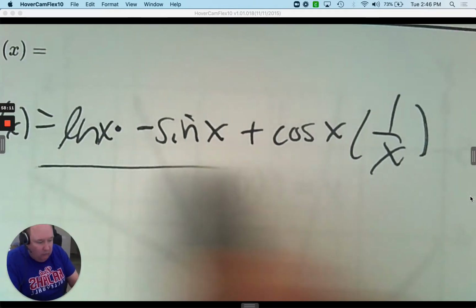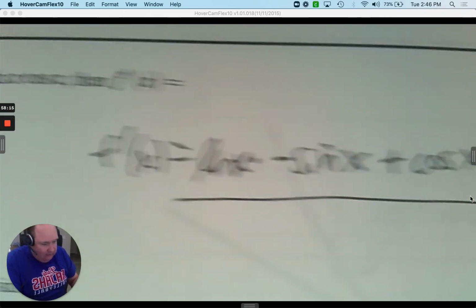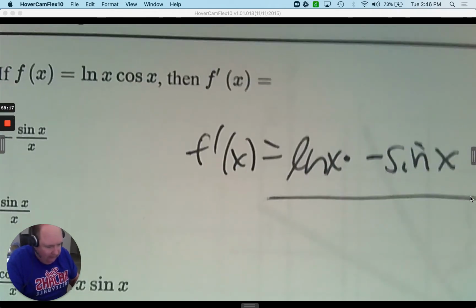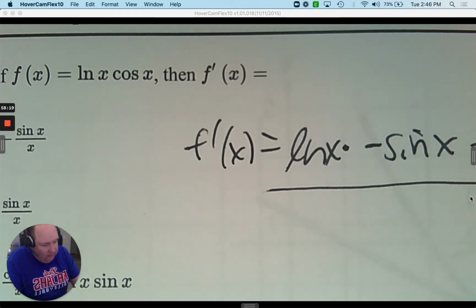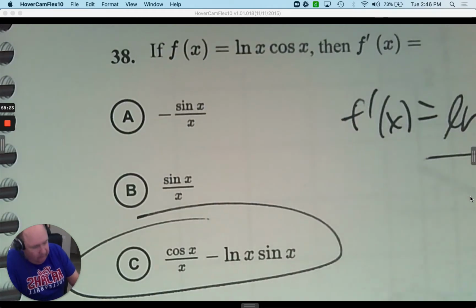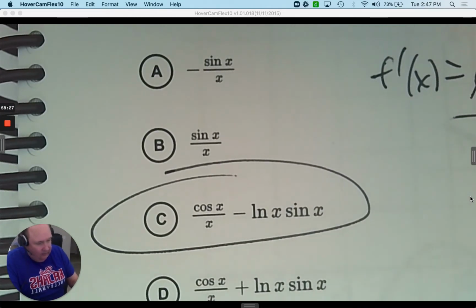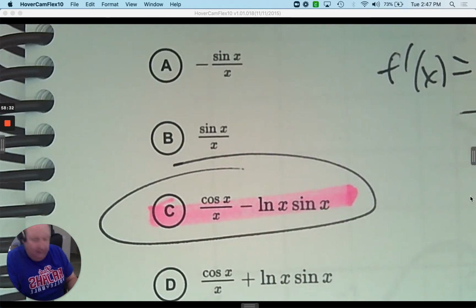So which one would match that I see? So ln x times negative sine x and then cosine x over x. So order doesn't matter. So it's negative ln x sine x and then cosine x over x. The answer is C.